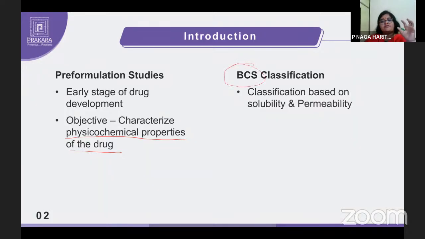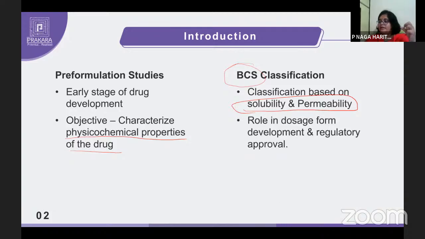It is a framework that classifies drugs based upon their solubility and permeability. These two are the main parameters on which BCS classifies drugs into various classes. This classification is essential to know its role in dosage form development, at the same time guiding the regulatory requirements during drug development.